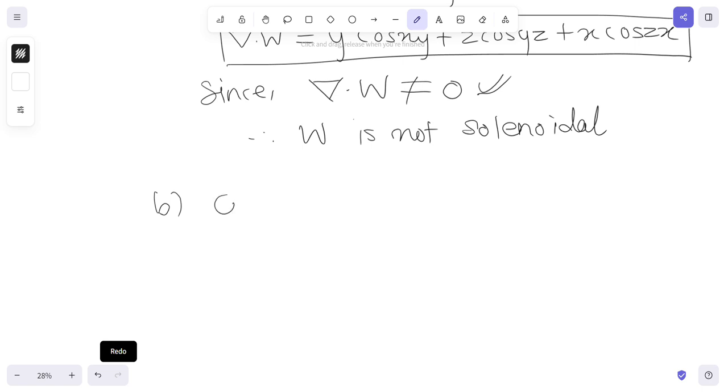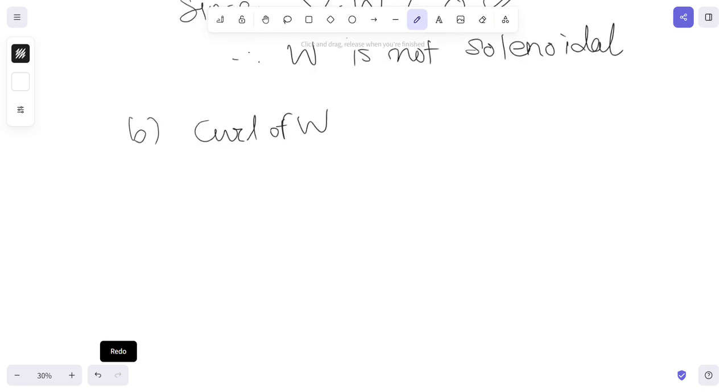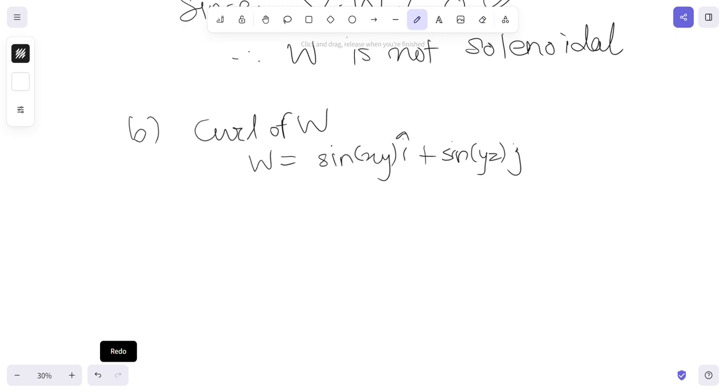That is, we have to check for the curl of W. So W was nothing but sin of xy i cap plus sin of yz j cap plus sin of zx k cap. Okay.